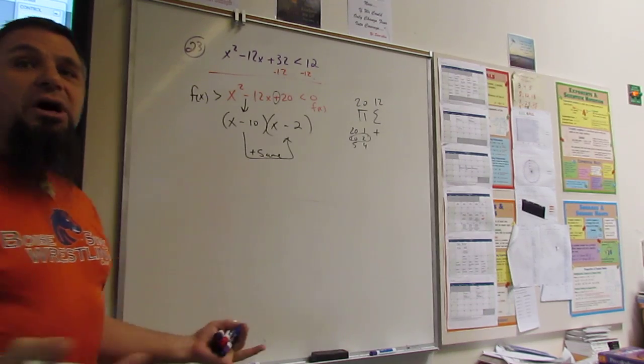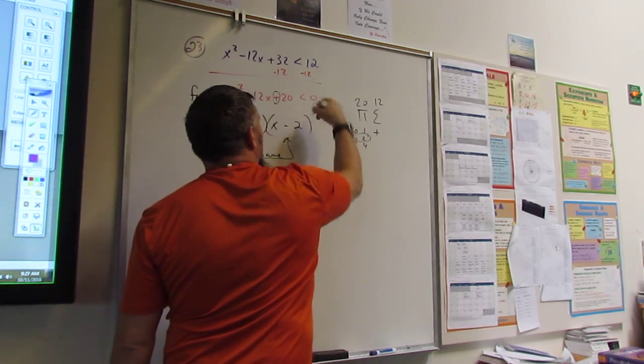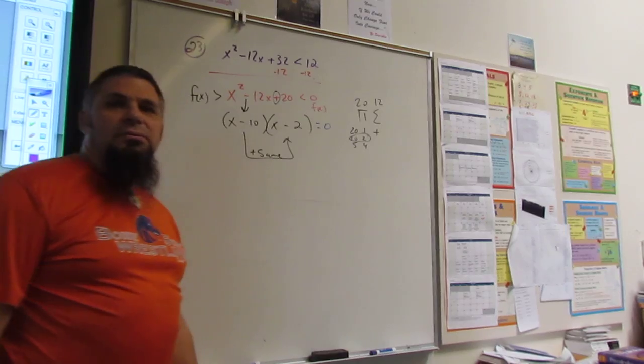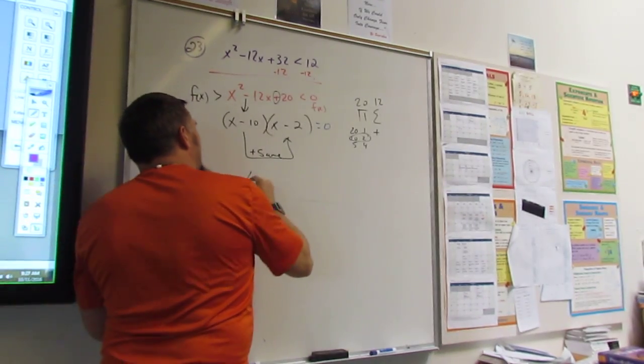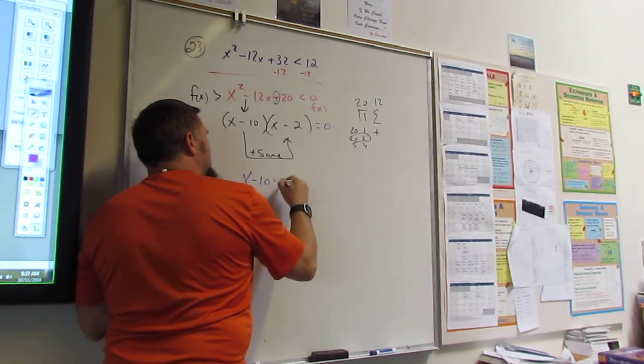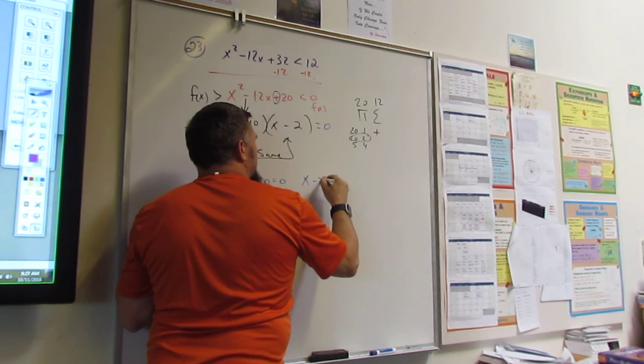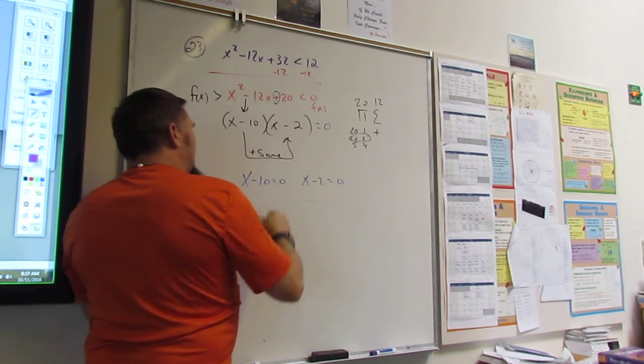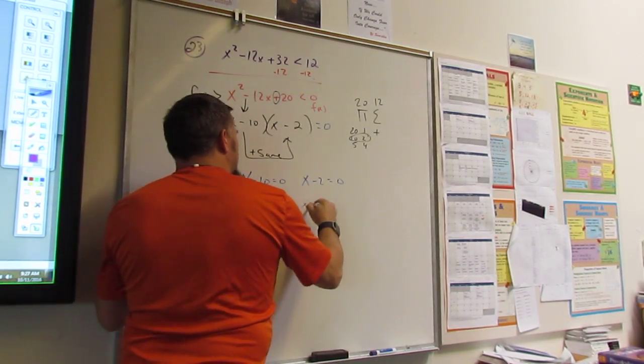And then I solve because it's 0. I'm just going to set equal. So x minus 10 equals 0, and x minus 2 equals 0. And I get x equals 10 and x equals 2.